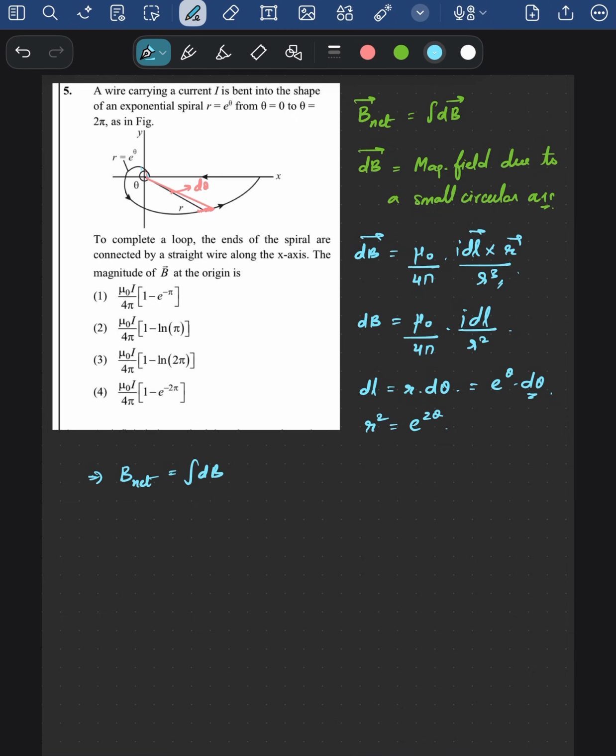So this is what I'll need to integrate to find out the net magnetic field at the origin. It will be integral dB, so integral mu naught by 4 pi I into e power theta d theta divided by e power 2 theta, and the limits of theta are from 0 to 2 pi. Taking the constants outside, mu naught I by 4 pi, we'll have integral e power minus theta d theta from 0 to 2 pi.